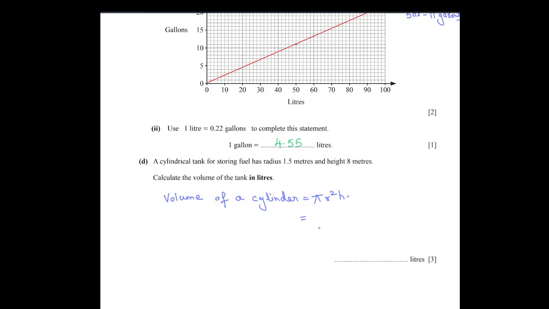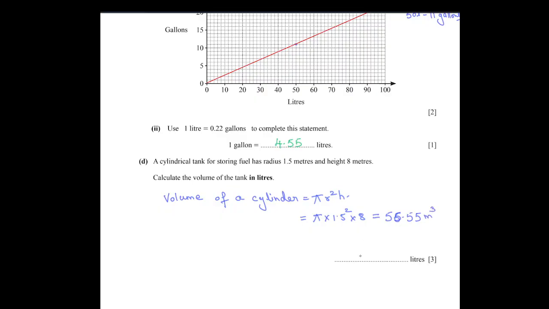So pi into 1.5 square into 8 is equal to 56.548, which can be rounded to 56.55 meter cube. This is the volume.